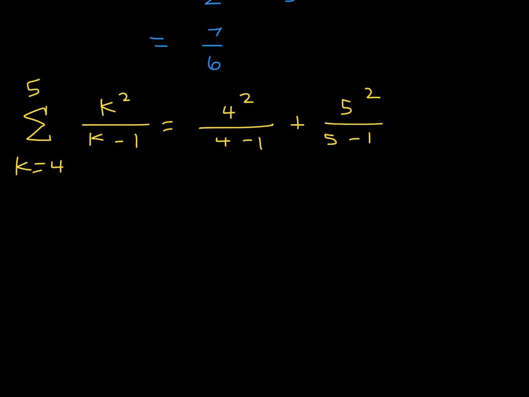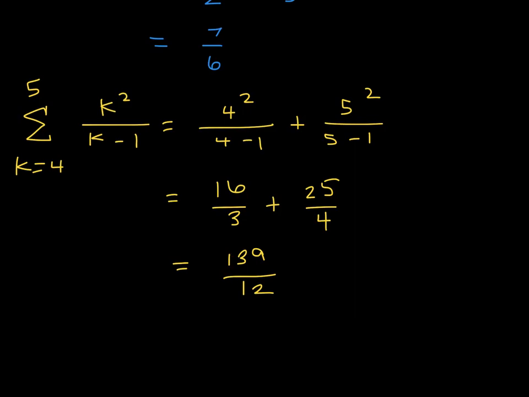If I continue to simplify, this would be 16 thirds plus 25 fourths, which is 139 twelfths. This is the sum here.